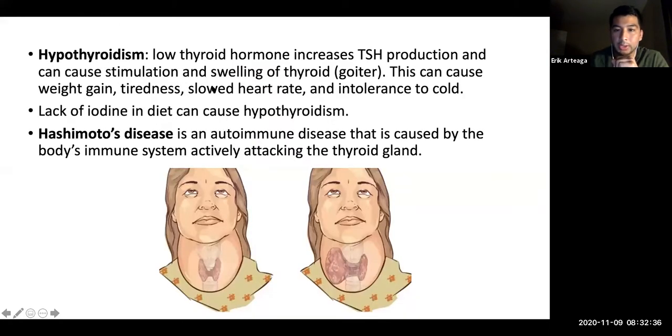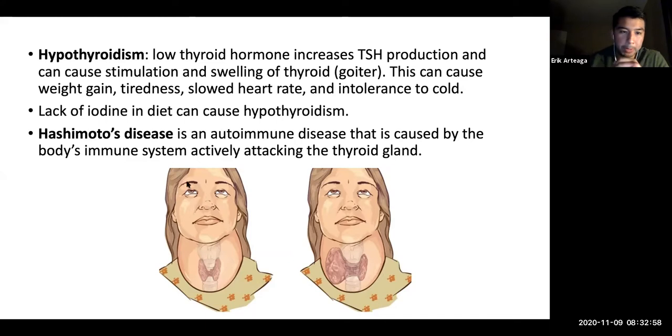And again, it's going to have a lower metabolic rate, slower heart rate, and intolerance to cold. So sometimes you see individuals with hypothyroidism that have uncontrolled weight gain, are extremely tired, have a lower heart rate and intolerance to cold. So again, this is associated with lower metabolic functioning, a lower metabolic rate.